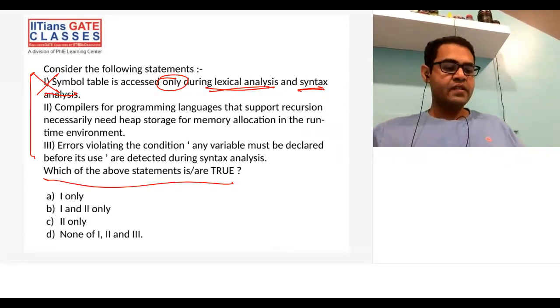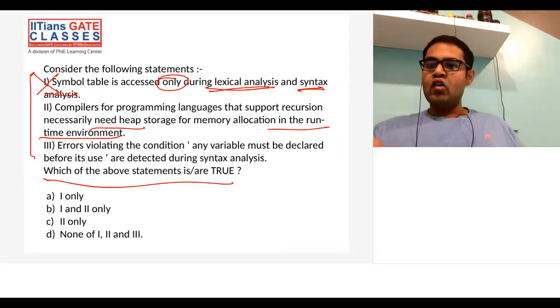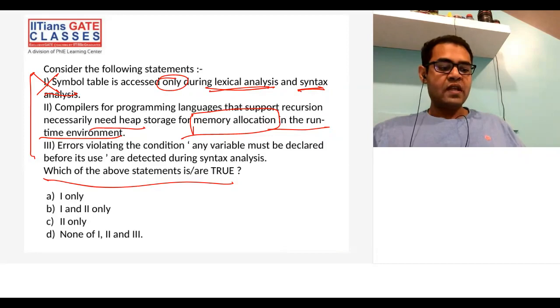Now consider statement 2. Statement 2 is saying compilers for programming languages that support recursion necessarily need heap storage for memory allocation during runtime. If you remember, for memory allocation during runtime, we have two kinds of storage available: one is stack and one is heap. This statement is saying it has to support heap storage necessarily.